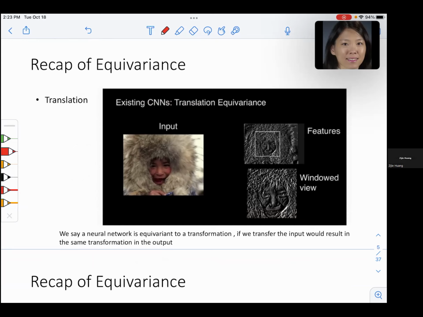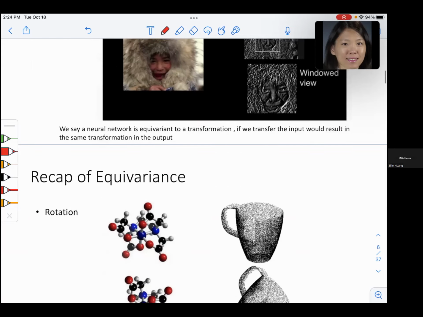A neural network is equivariant to a transformation if transforming the input results in the same transformation of the output. CNN utilizes localized filters, and for an image, when we segment it to see whether each pixel contains a particular object, if we shift the input image along a vector, the output labels for these pixels also change accordingly.